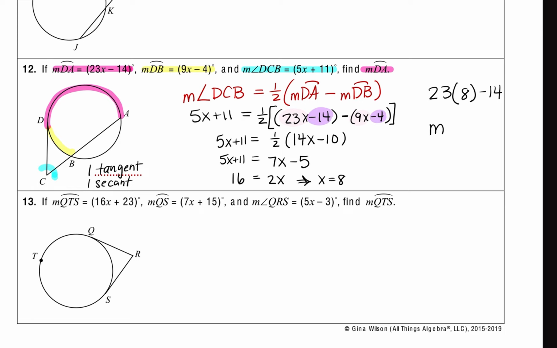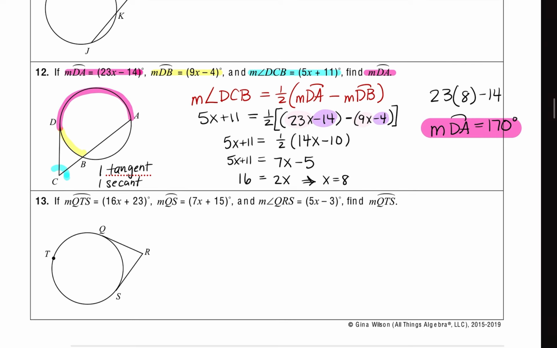So we get that the measurement of arc DA is 170 degrees. And we are done with that problem. All done.